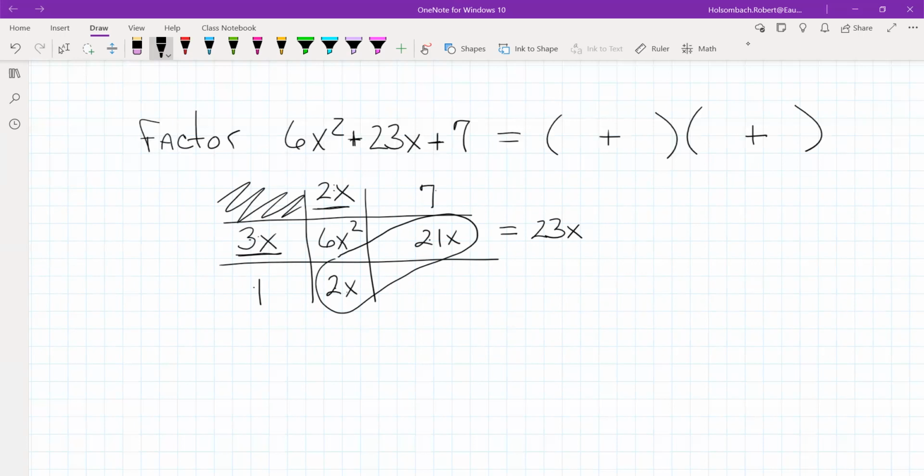And I'm going to take 7 times 1, and I'm going to get 7. So all my checks work. All right? So my factors of 6x squared plus 23x plus 7 are 3x plus 1 and 2x plus 7.